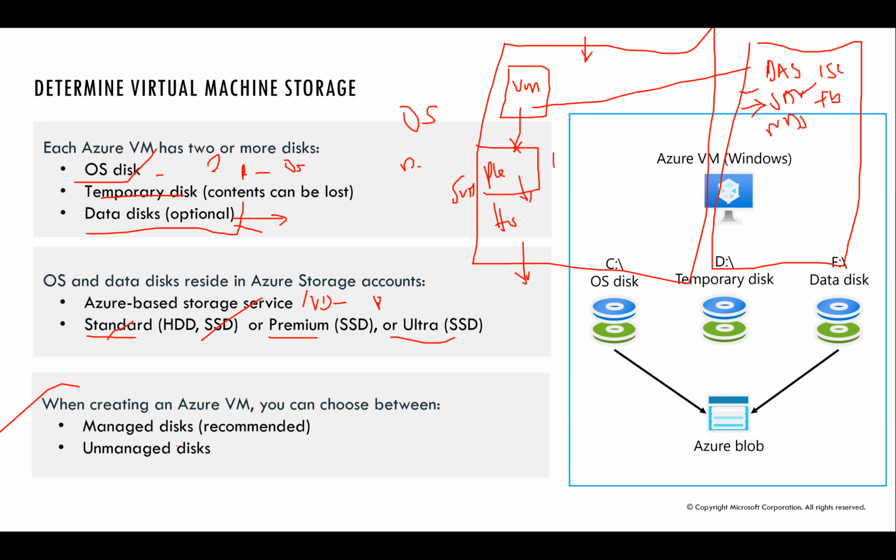And when creating disks for virtual machines, they can be managed or unmanaged. In the past, at the initial start of Azure, what you had were unmanaged disks. Unmanaged disks meant that you have to create, wherever we still talk about storage account, your disks off your storage account, then you attach it to your VM. But now you don't need to create a storage account.